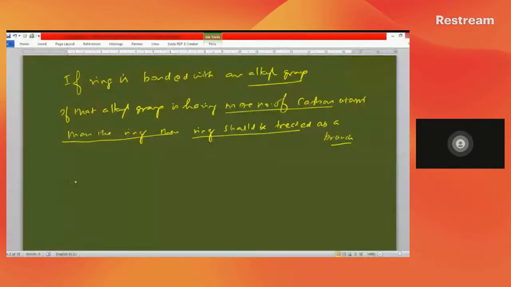I'll give a case so that you can understand. It's the best example: CH3, CH, and that is a ring structure having 3 carbons, then CH2, CH3. See, there are 4 carbon atoms present in the linear chain, but the ring structure has only 3. 3 is lesser than 4. The parent substance should be taken as butane.